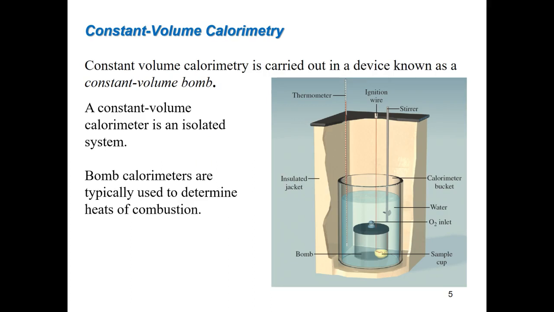And so we use bomb calorimeters to determine heats of combustion. Once again, the heat of the calorimeter, Q sub cal, is equal to minus the Q, the heat of the reaction. It's an exothermic reaction. The heat's being given off, and so we have to maintain our sign conventions.